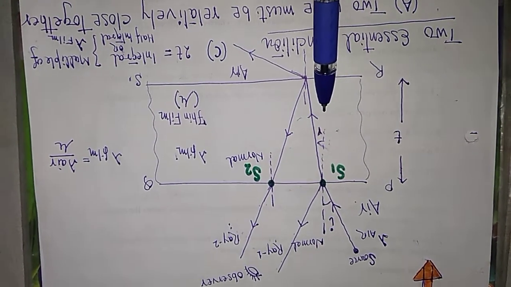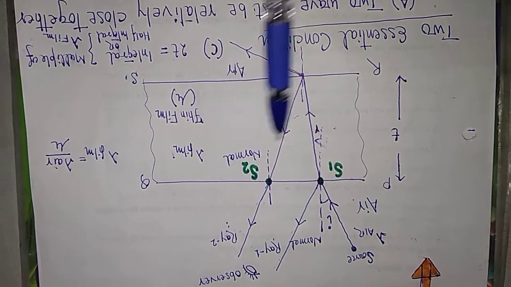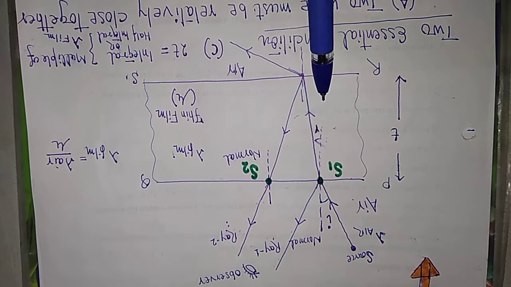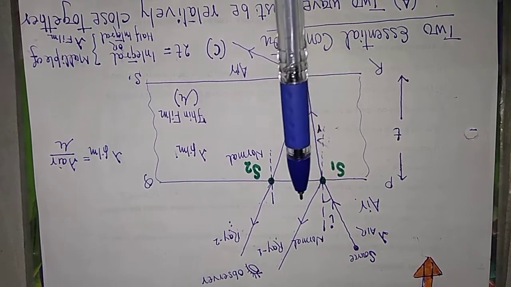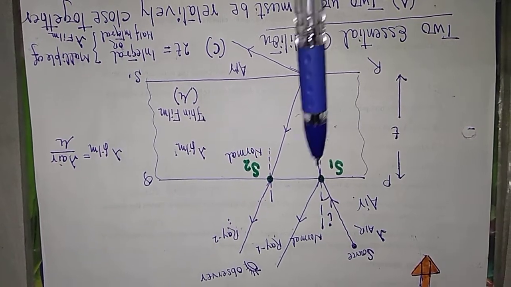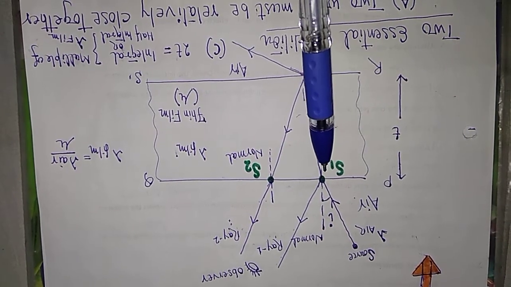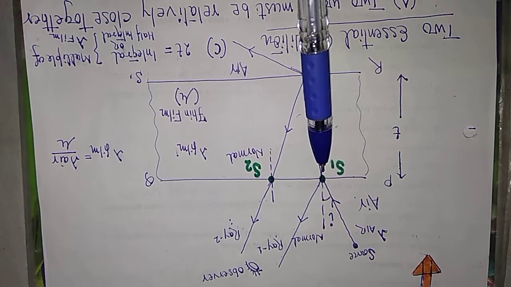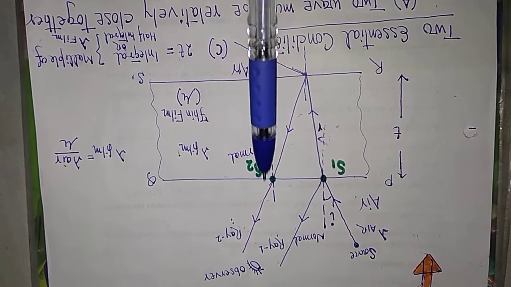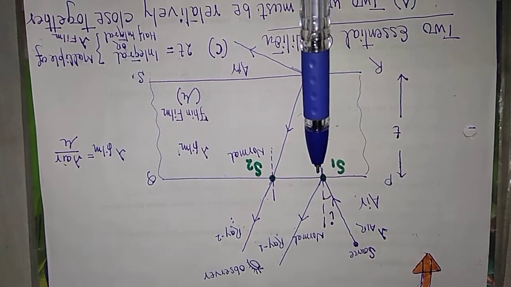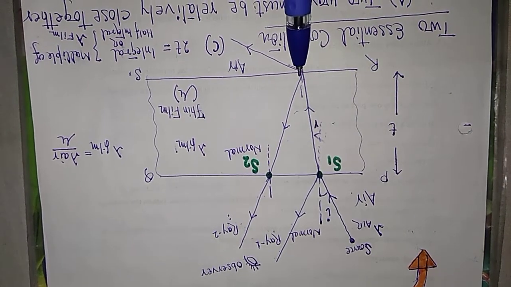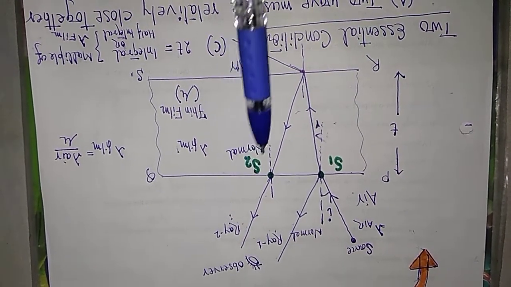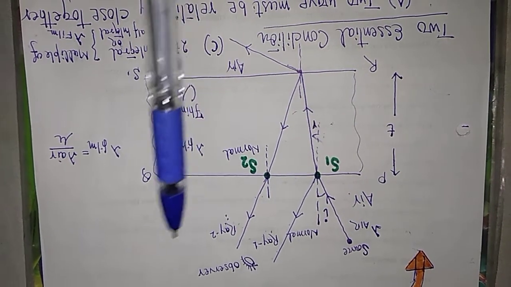You can see that ray 2 travels almost twice t distance more than ray number 1. The origin of ray number 1 is here. But ray number 2 is coming from this point S1, and then reaches this point and is reflected, and then emerges into the air.